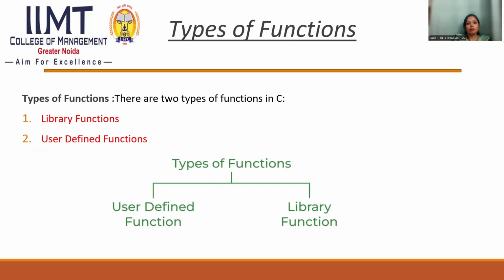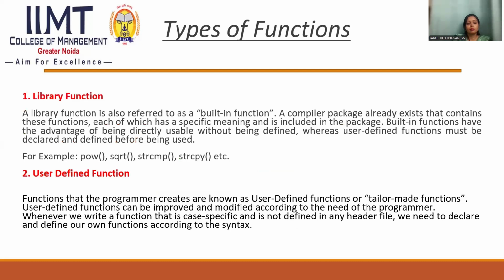Basically, there are two types of functions in C. Number one, library function, and number two, user-defined functions. Number one, library function. Library functions are those functions which are already defined in C library. Or we can say a library function is also referred to as a built-in function.